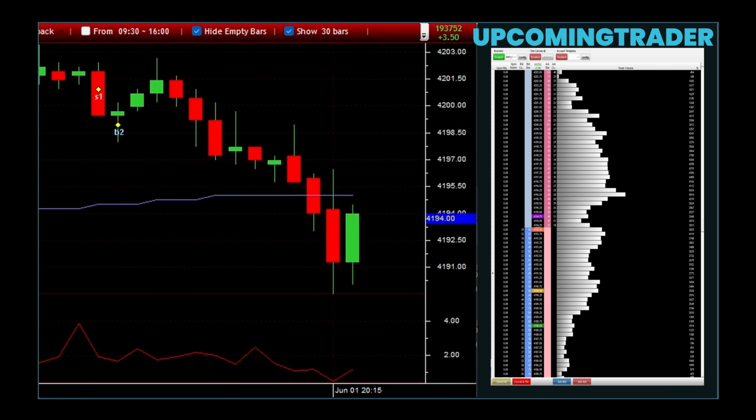For market limit orders, the process is equally straightforward. Select Limit Order from the order types available. Then input your desired price, the specific level at which you want to buy or sell the asset. Once you've entered this price, execute the order.